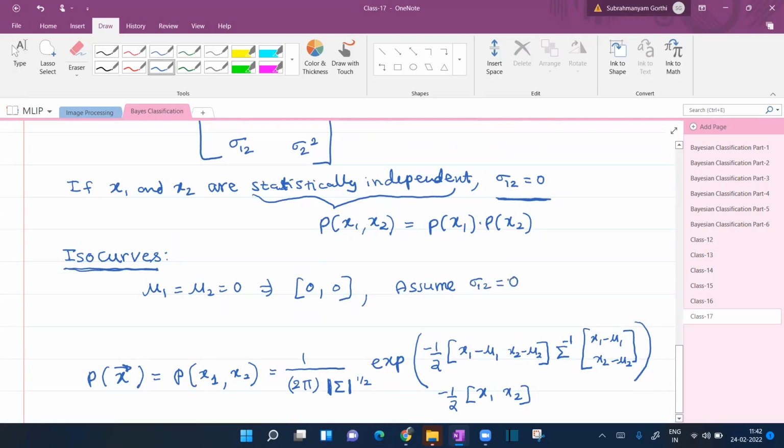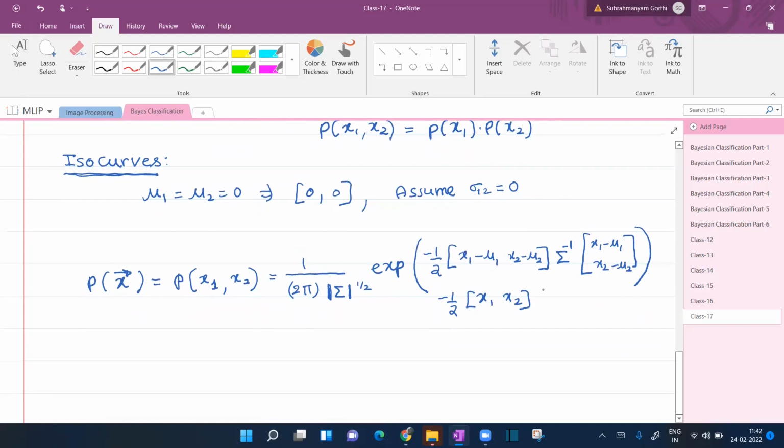That means sigma 12 equals 0. Then sigma inverse will be equal to 1 by sigma 1 square, 0, 0, 1 by sigma 2 square, times x1, x2. This is my argument.